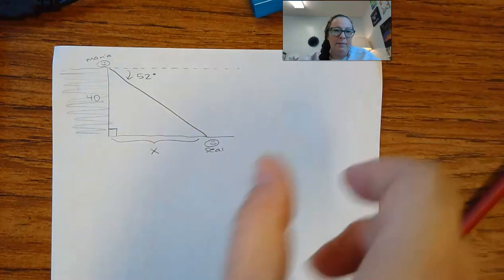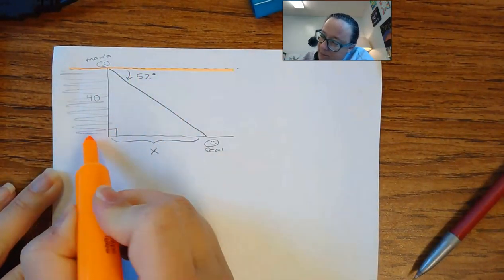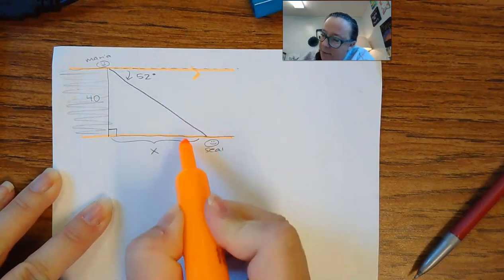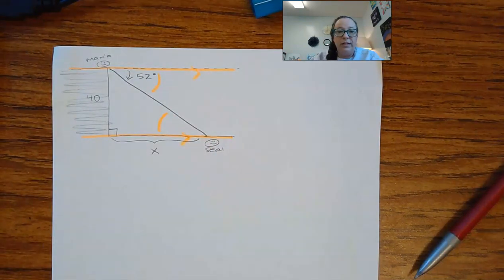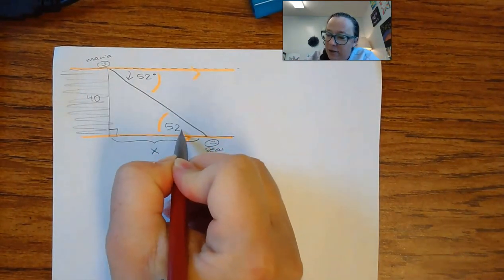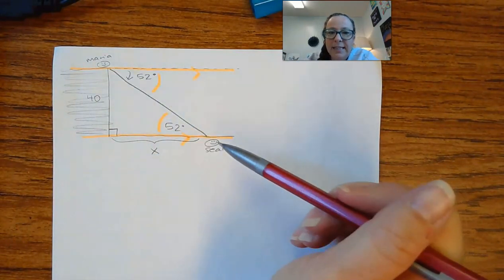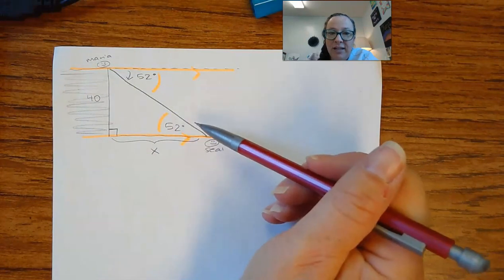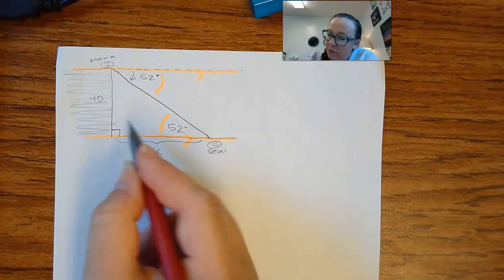These two lines that I'm highlighting in orange are what? They are parallel. So this angle and this angle are alternate interior angles and they are congruent. So this is going to be 52 degrees. So the angle of depression from Maria to the seal is the same as the angle of elevation from the seal to Maria.